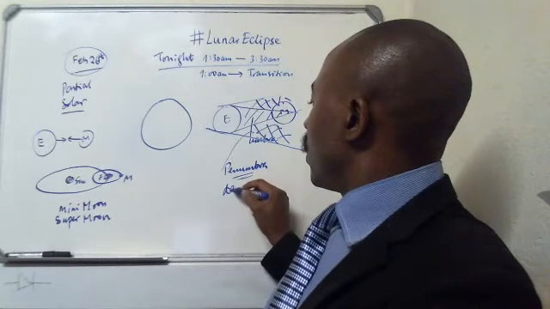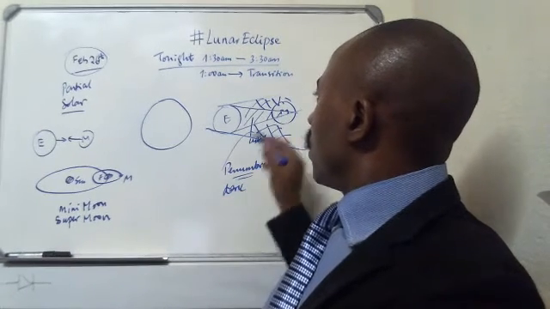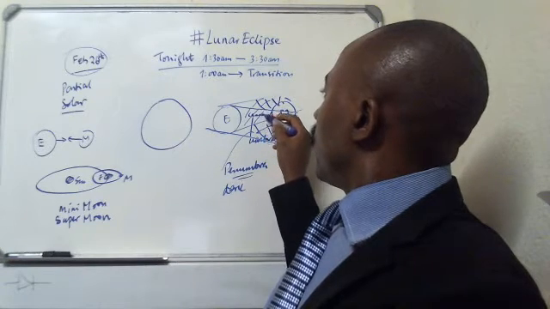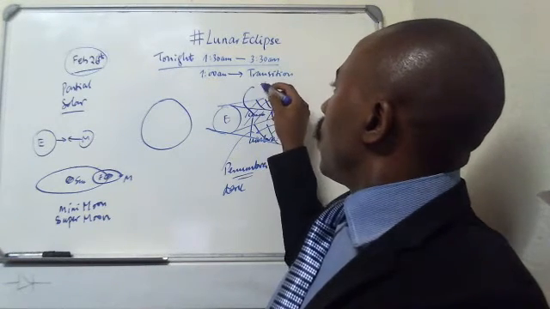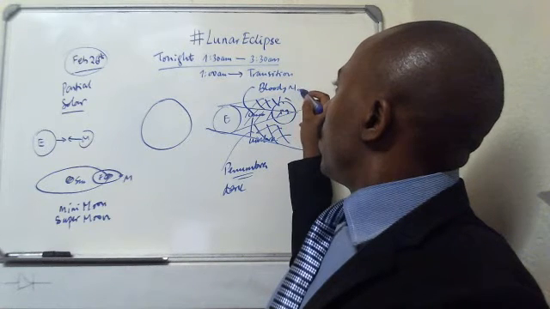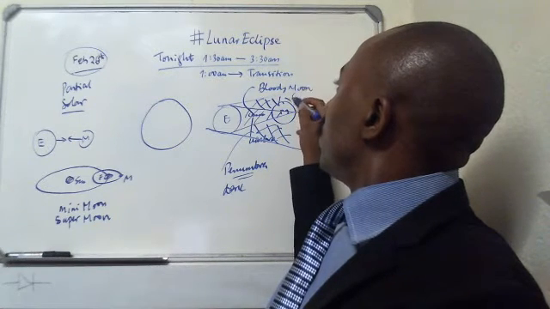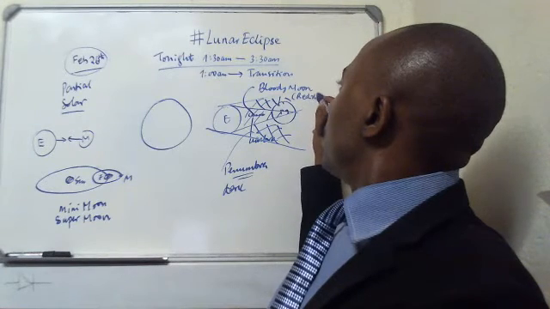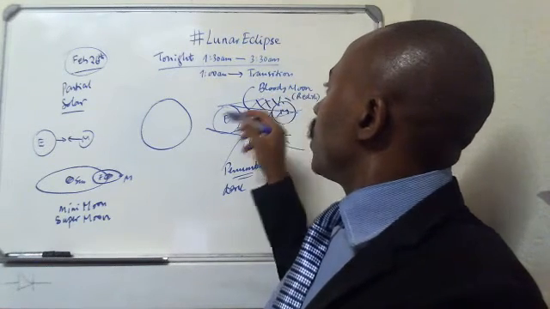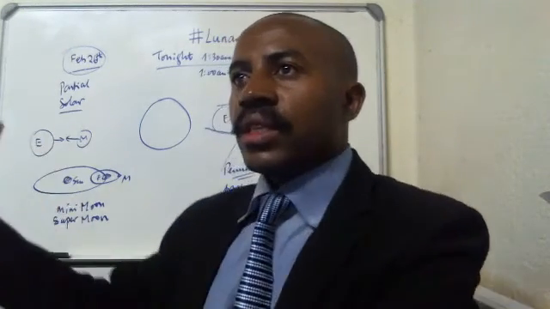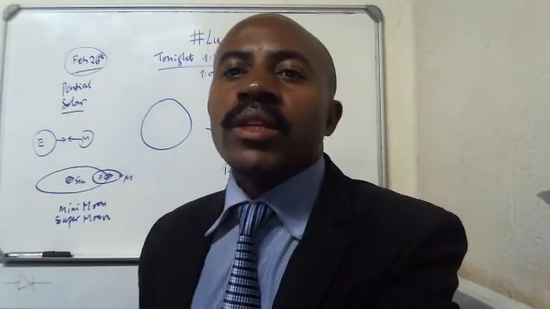If the moon is within here, you would have what we call the blood moon. In other words, it looks reddish because of the shadow. And this can only take place early in the evening, just when it is coming on the horizon.